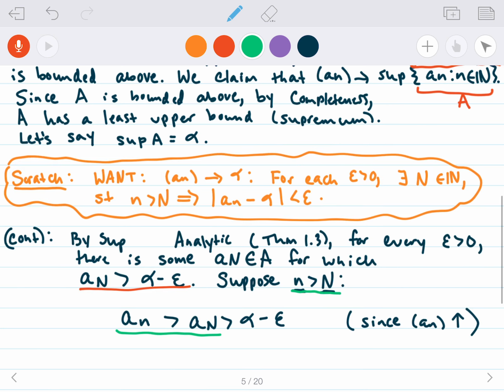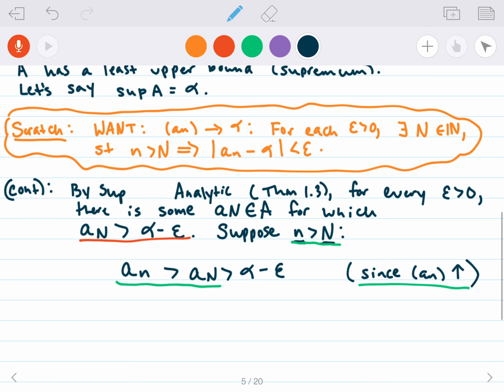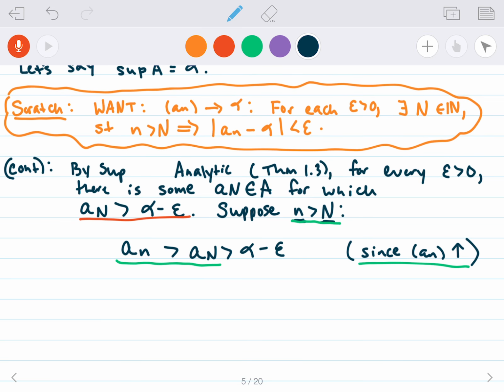Oops, sorry about that. Okay, and remember that we're trying to arrive at this conclusion. So let's ditch the a sub capital N and just write things in terms of a sub little n.